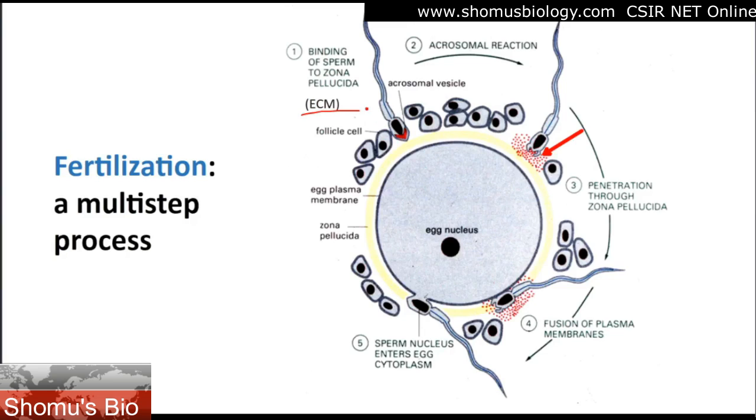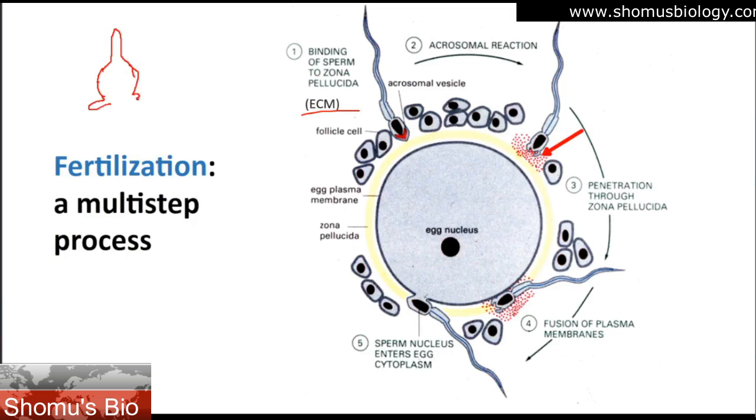The extracellular matrix has different names in different organisms. It has the name zona pellucida in this case. So, binding of the sperm to the zona pellucida. If you look at the structure of the sperm, it contains mainly three components. One is the acrosome; if I draw the structure, it will look something like this.